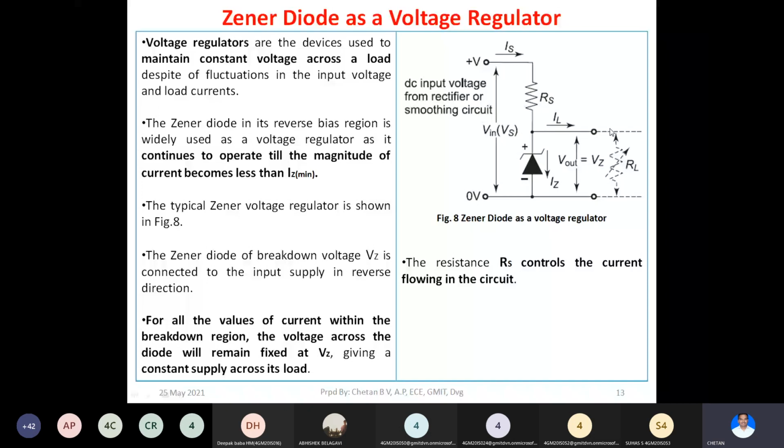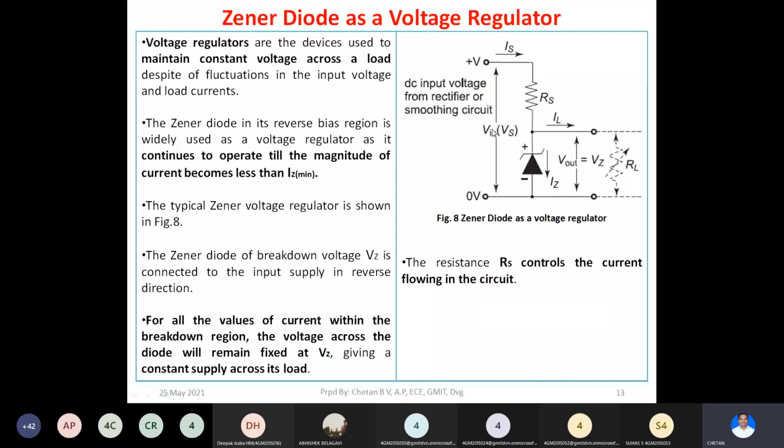Any variation in this load, if the value of this RL increases, essentially this load current will come down. If the value of RL decreases, essentially the value of IL will increase. So this is called variation in load, right? Variation in input means plus or minus variation in Vin.